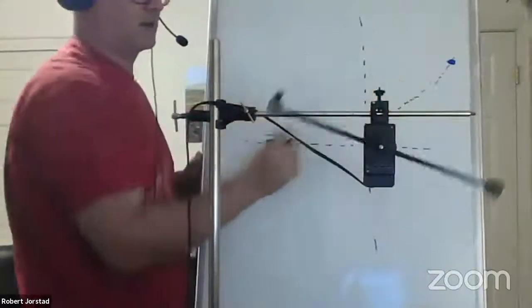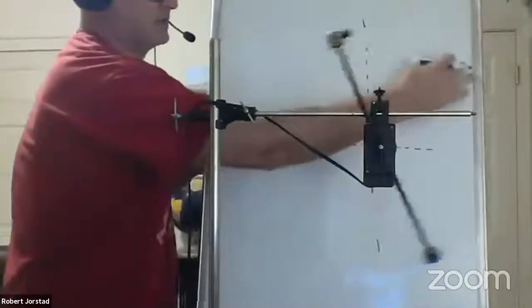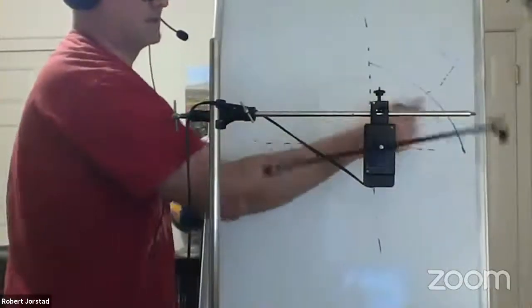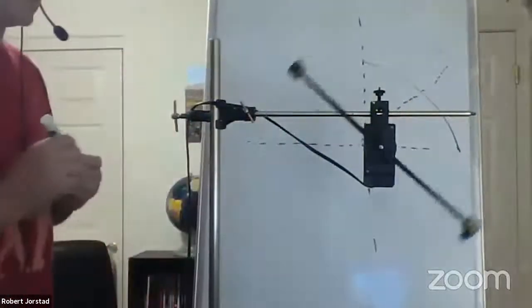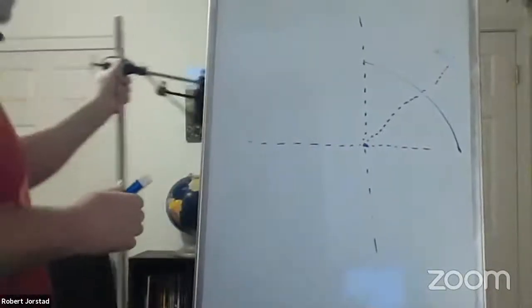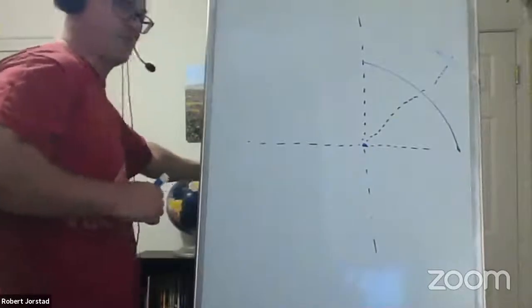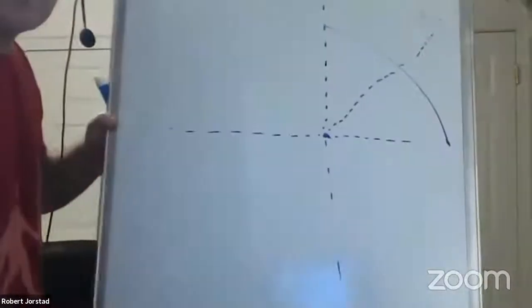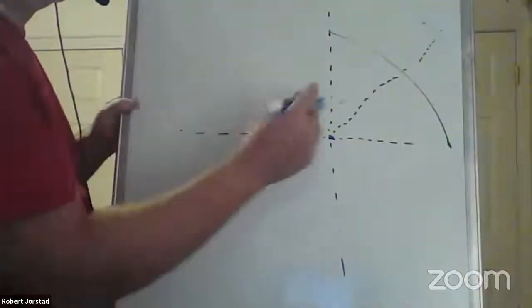Oh boy, this is kind of hard to fit in here. Let me cheat. It's going in this circular path like this. Okay, but the idea is suppose we've got something moving in a circular path.